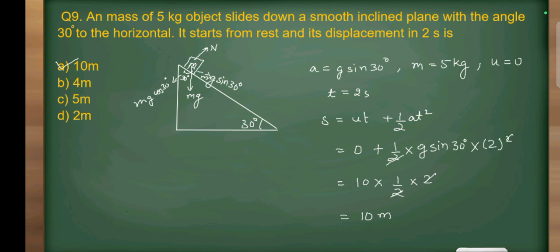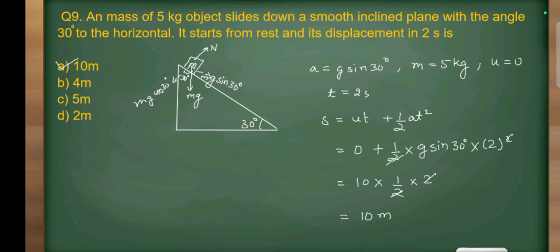So we will resolve the force components. We know that there will be a normal force and mg will be in the downward direction. So we will resolve mg into mg cos theta and mg sin theta.